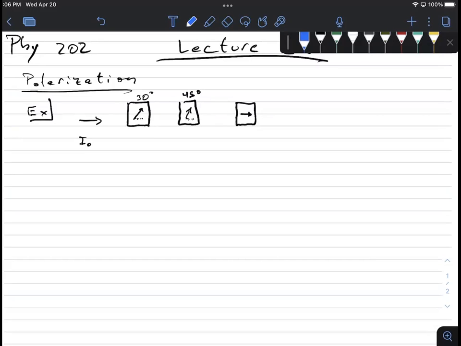And to do it, we use the law of Malus, which says basically the intensity that makes it through is the initial intensity that started times the square of the cosine of the angle between the light's polarization angle and the polarizer's angle. And if you have multiple polarizers instead of just one, then you just multiply another cosine squared for each polarizer you're trying to make it through.